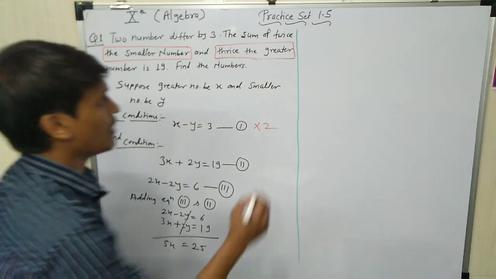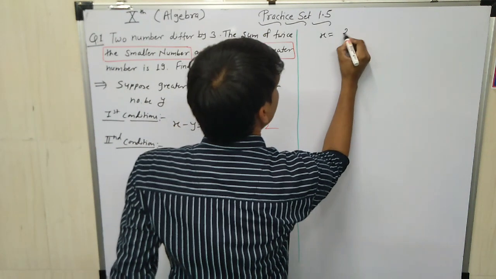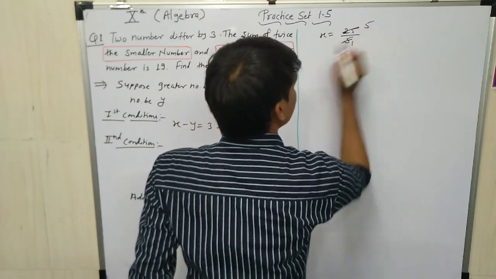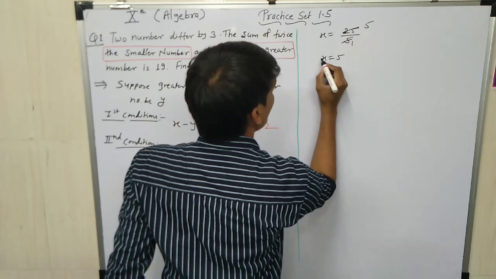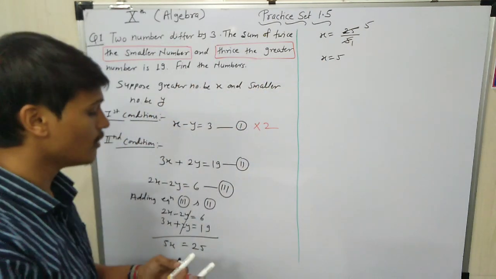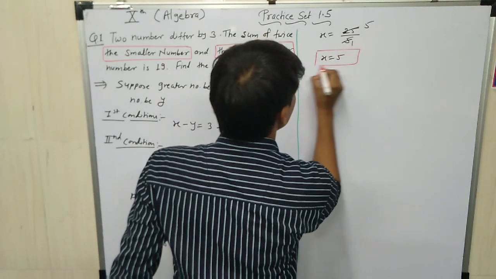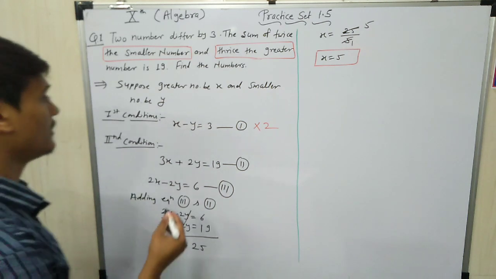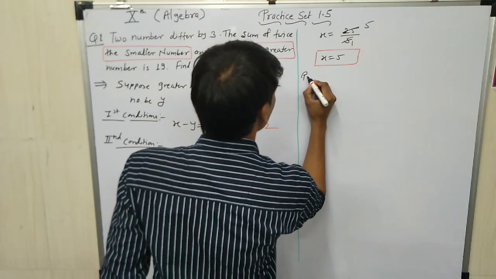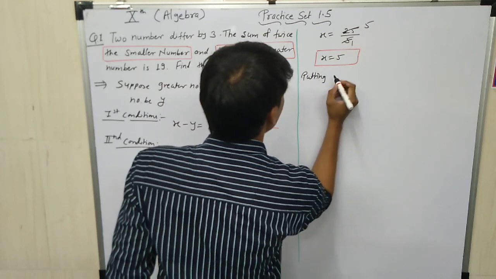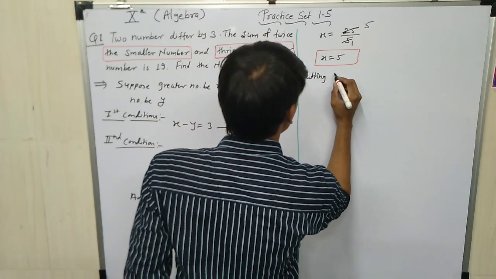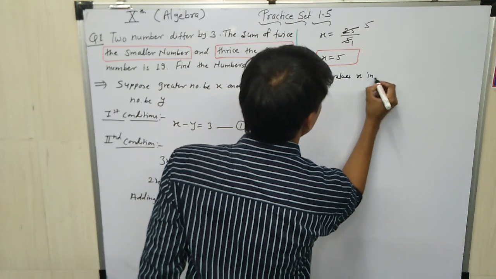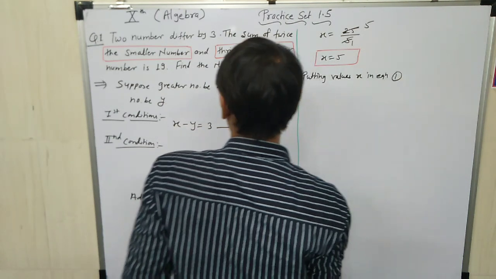Got it? Now x is equal to 25 upon 5. 5 ones are 5, 5 fives are 25. X is equal to what? X is equal to 5. Got it? We put in equation number 1, putting value x in equation 1.